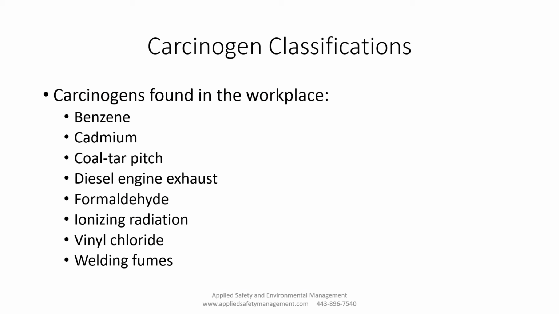So when we think about some of the carcinogens found in the workplace, a lot of times we can think about, I guess I'll call them, the old style chemicals. Things like benzene, cadmium, coal tar pitch, and one that I did not know about is diesel engine exhaust. I found that to be really interesting. There's a lot of people working in shops now that are exposed to diesel engine exhaust. Formaldehyde is one that has been around for a super long time.